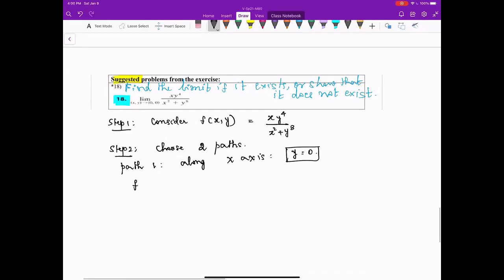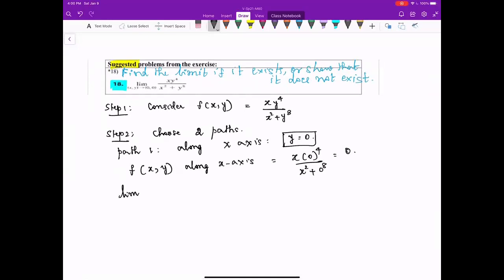So if you consider f of xy along the x-axis, because y equals 0, you get x y to the power 4 divided by x square plus y to the power 8, which is equal to 0.